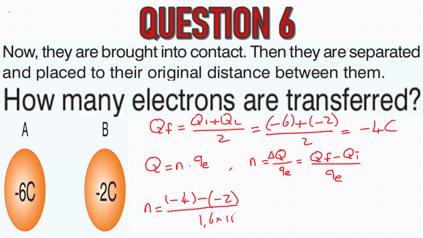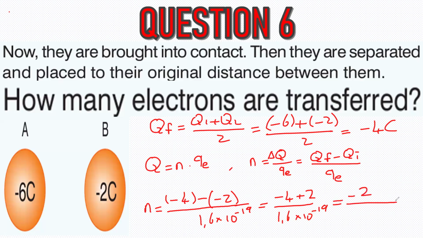QE is 1.6 times 10 to the power of minus 19. This is a constant number in the formula box, you can find it. So -4 and +2. Remember, negative, negative, getting positive. And then 1.6 times 10 to the power of minus 19. On top, we have -2.